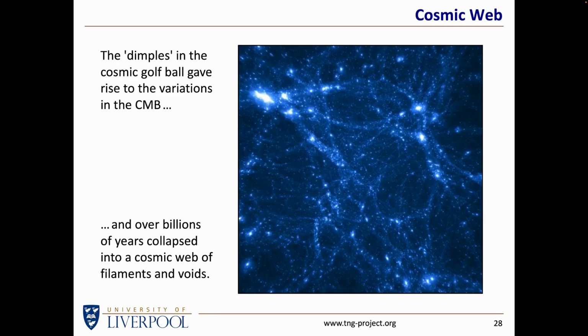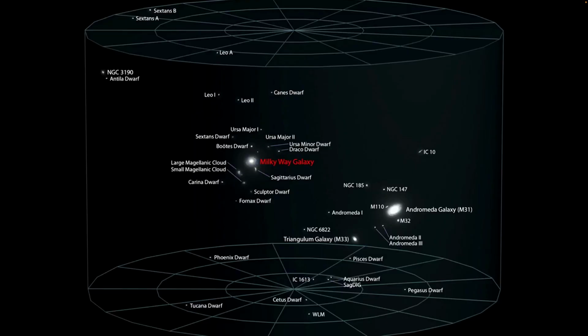If we ran these simulations and we could never get a universe similar to the one we see today, it would tell us that we've got the rules of the game wrong. So the fact that the simulations seem to work gives us some confidence we're doing the right thing.